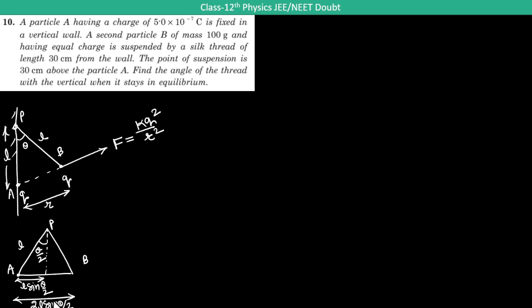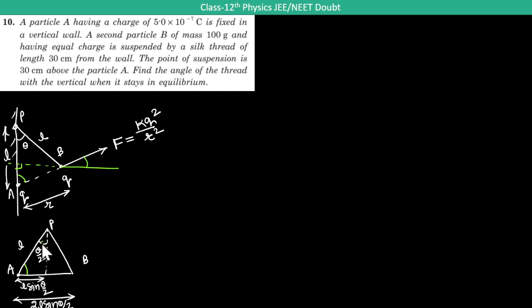Now, what should be the angle of this force F with the horizontal? Whatever the angle theta we have to find here. To find the angle, we can extend this horizontal direction, and this angle will be 90 degree. What should be this other angle?